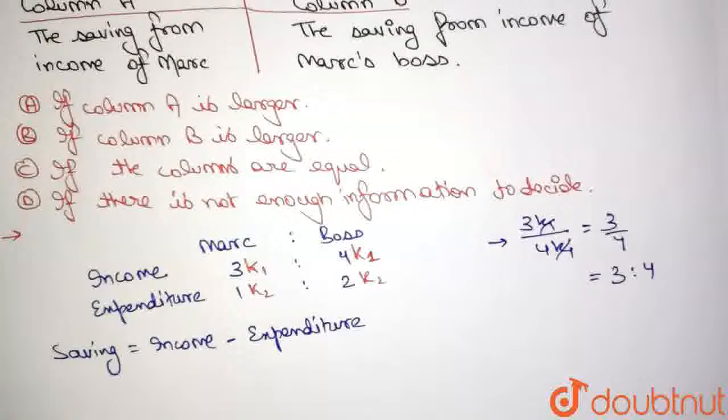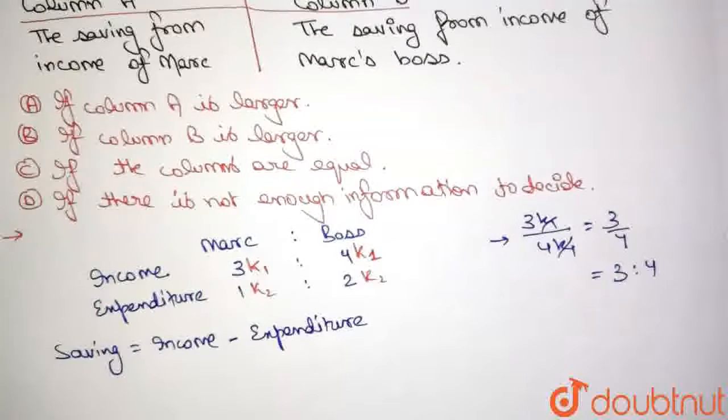In actual values they are 3k1 and 4k1. Similarly expenditure, on a different ratio scale, is k2 is to 2k2, where k2 is some other constant because those two are not the same.